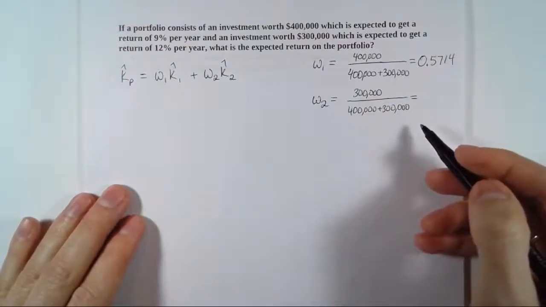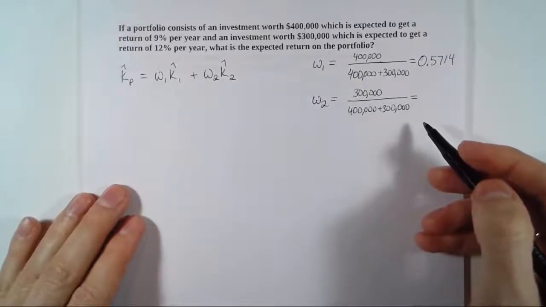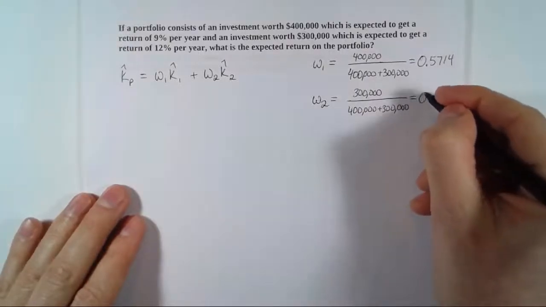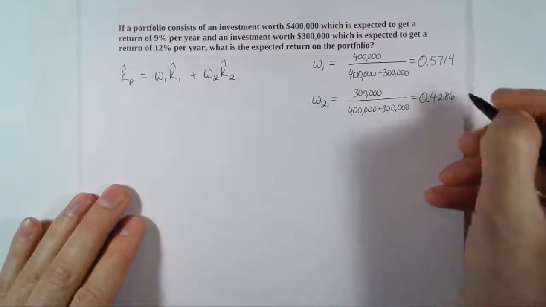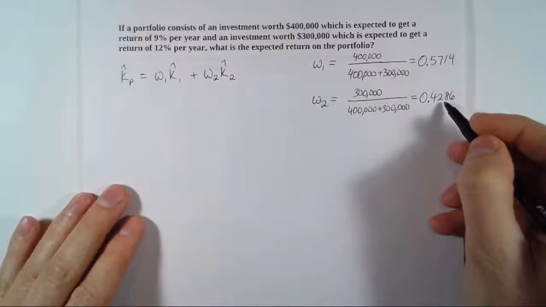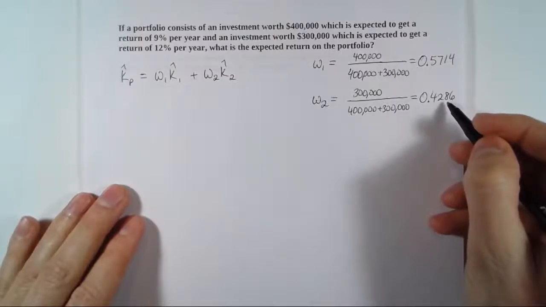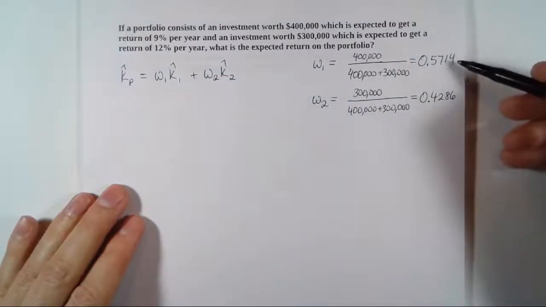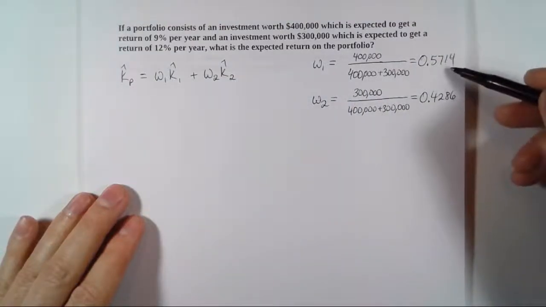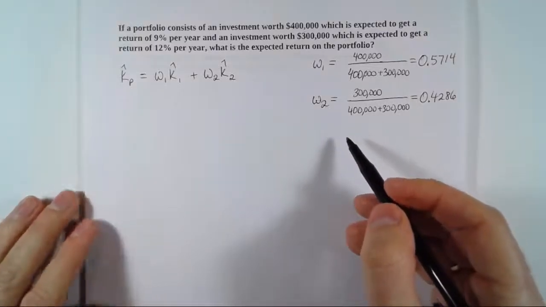So at this point, you should pause the video and work that out and see what you get. Okay, so if you work that out, what you should have gotten is 0.4286, showing that we have about 42.86% of the money in this portfolio invested in the second investment. And note that the weights add up to 1 because 100% of the portfolio's value is invested in something.